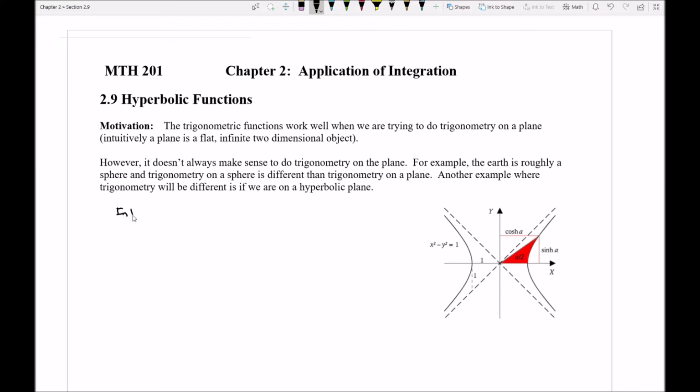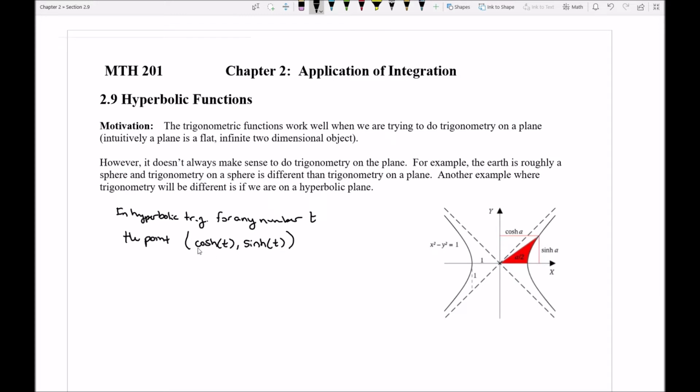So I'll start by saying this. In hyperbolic trig, what we really say is that for any number t, the point given by these two functions evaluated at t.